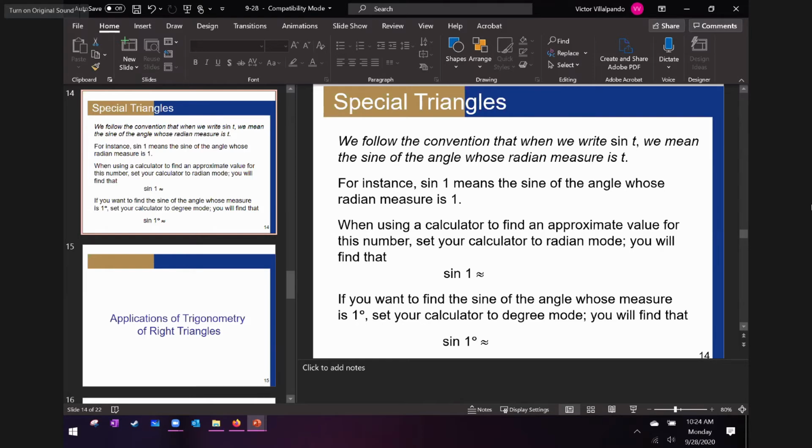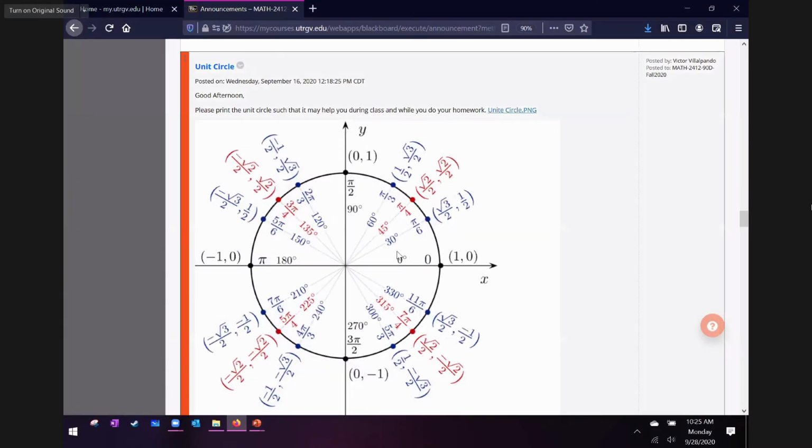That's why with the unit circle, we use t first instead of x and y. We use t because with sines and cosines we're evaluating angles, even if it's pi over 6 or pi over 4.